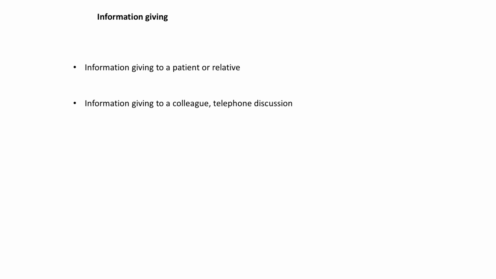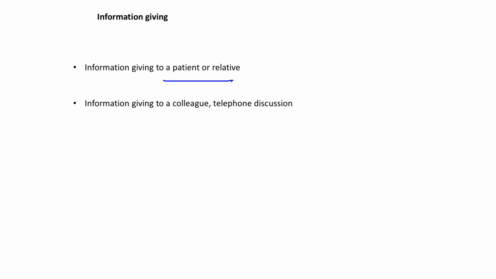An information giving station we have briefly discussed. One station involves giving information to a patient or relative. These are standard communication skill stations that are assessed in exams, like breaking bad news, like giving a diagnosis. We'll discuss when we reach this section, because this needs a systematic approach.